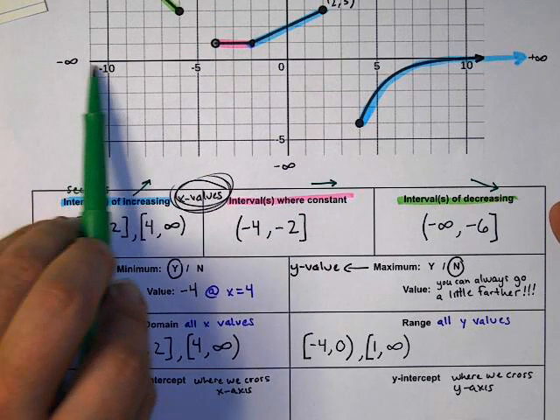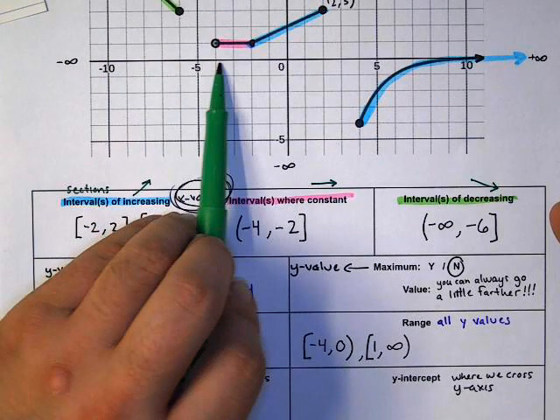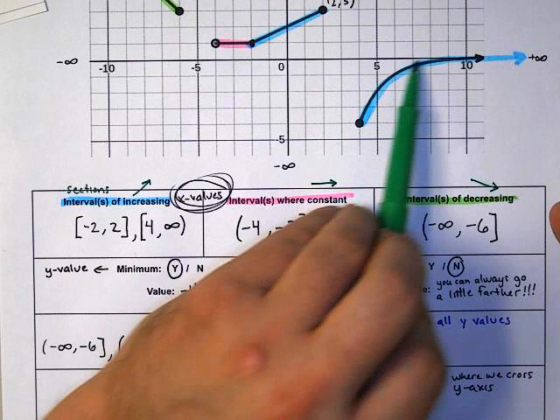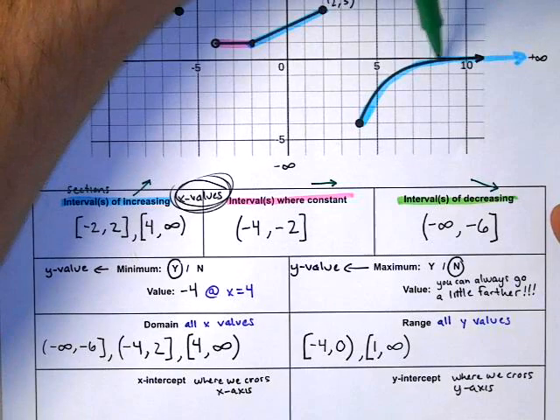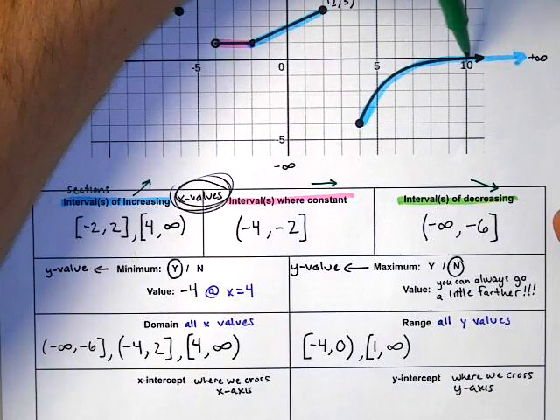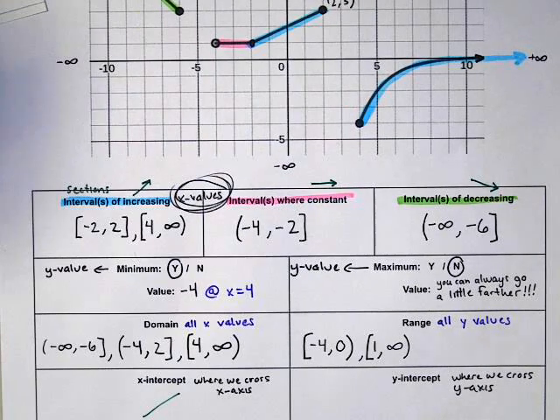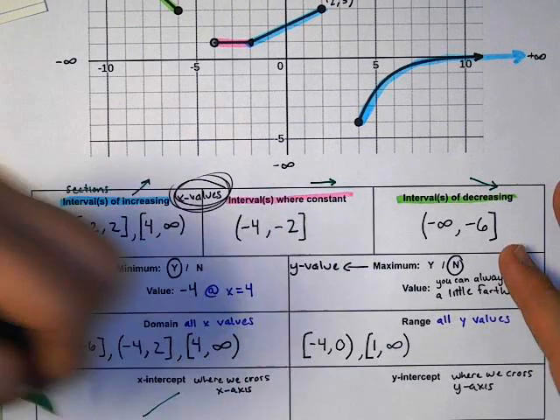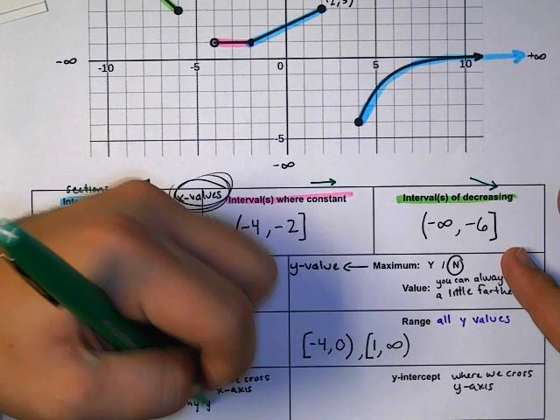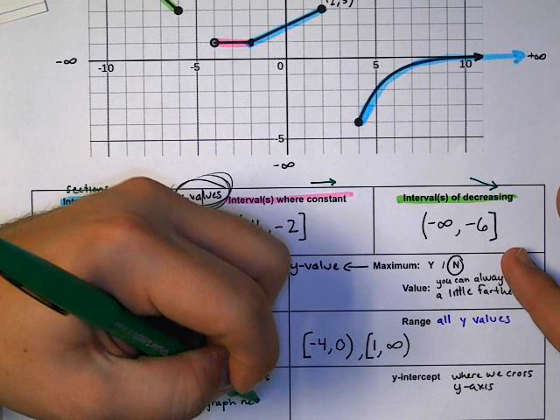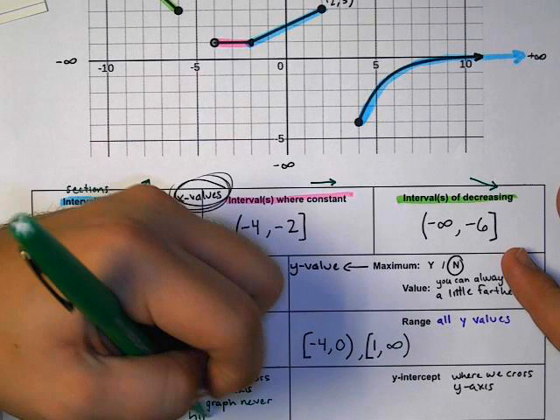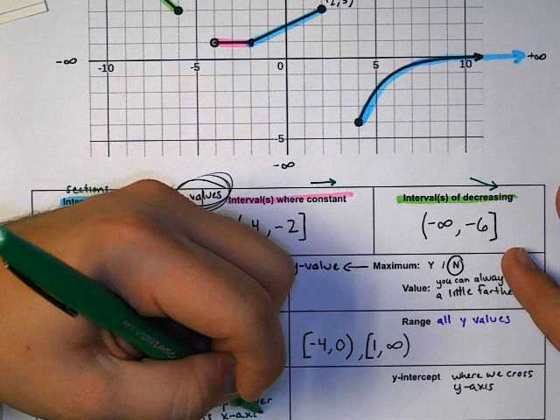Are there any places where my function actually touches the x-axis? Remember, this thing is getting really, really close to 0, but it never touches. And so what I'm going to say is, nope, there are no x-intercepts here. My graph never hits the x-axis.